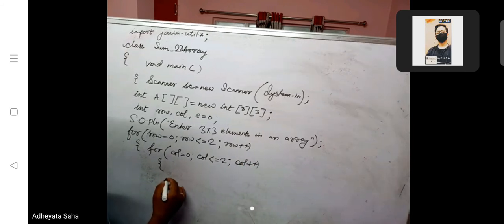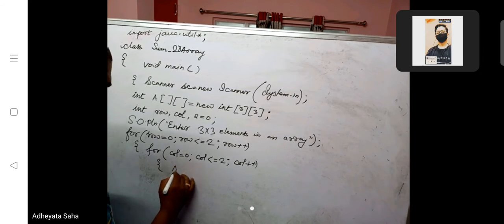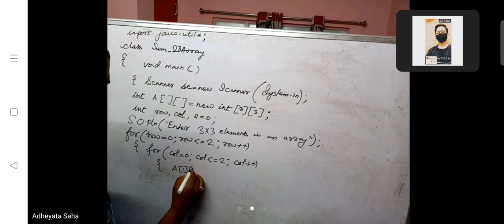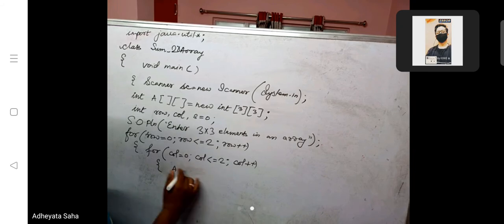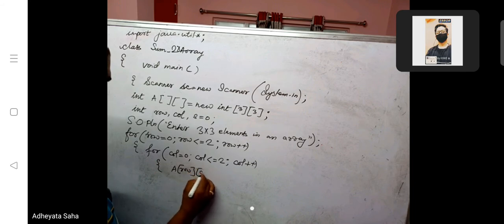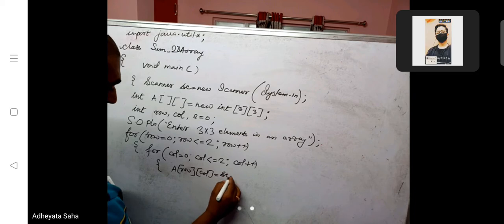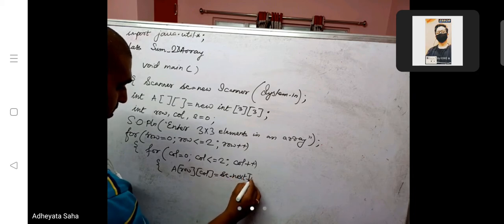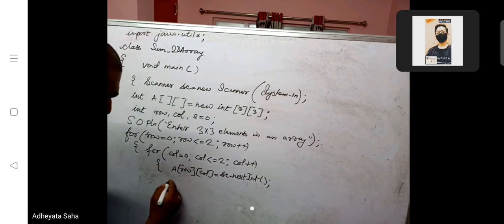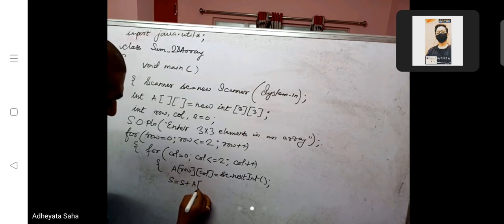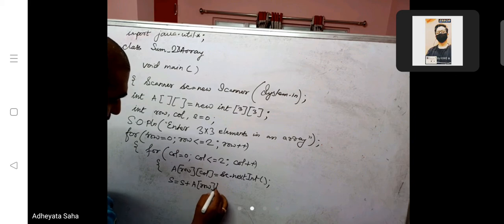Then a[i][j] equals, sorry, not i j, a[row][column] equals sc.nextInt(), and then sum equals sum plus a[row][column].